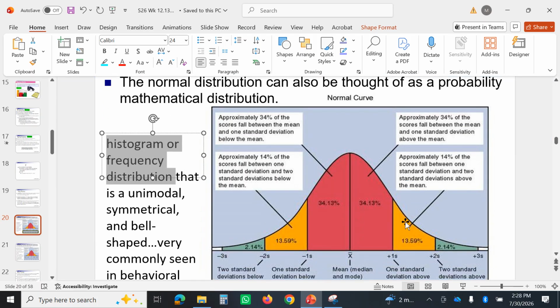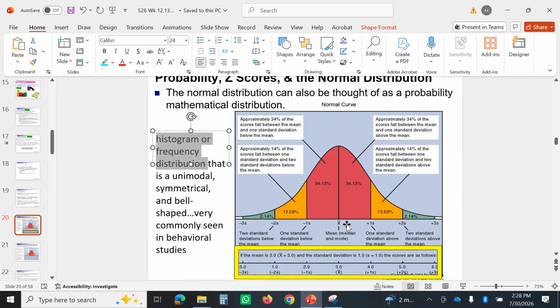The whole idea here, sorry for jumping around, but when you do these, you're actually going to have two scales at the bottom. You're going to have your first scale, so there's your mean. And then you're going to have your first standard deviation, second standard deviation, and third standard deviation. Corresponding percentages, right?